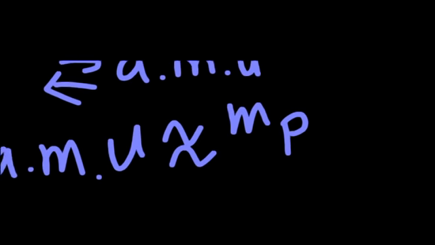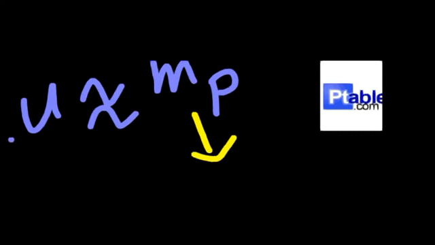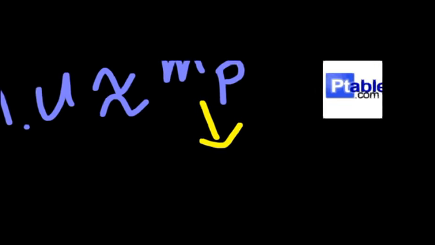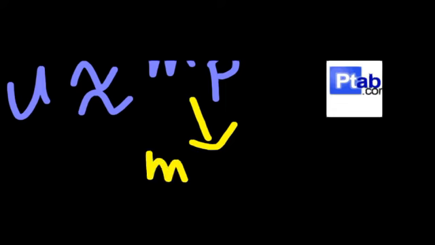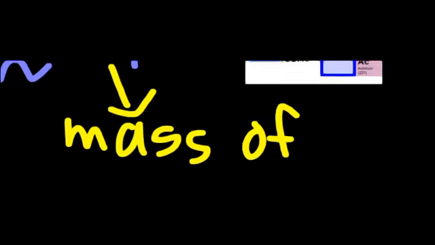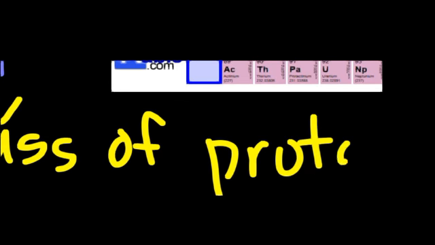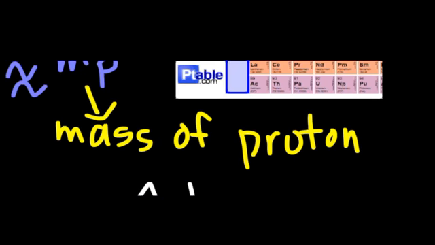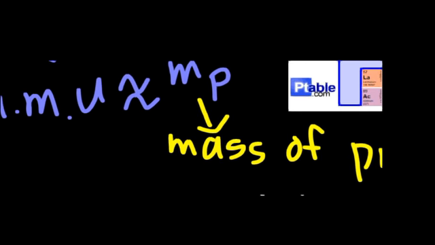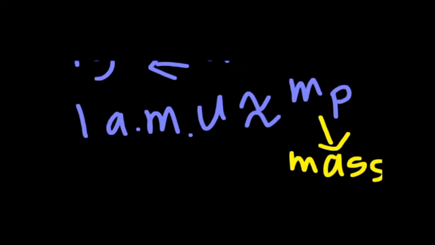This is the mass of a proton, or neutron. They're almost similar, but not exactly. One atomic mass unit is approximately the mass of a proton.